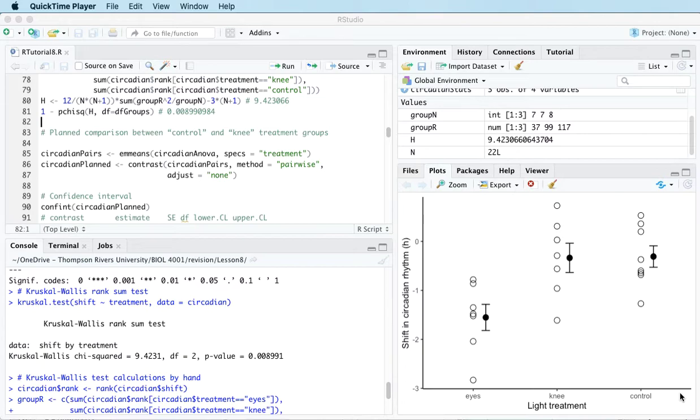This issue is known as multiple comparisons. It applies anytime you have 3 or more levels for a categorical variable, so you have to keep it in mind.